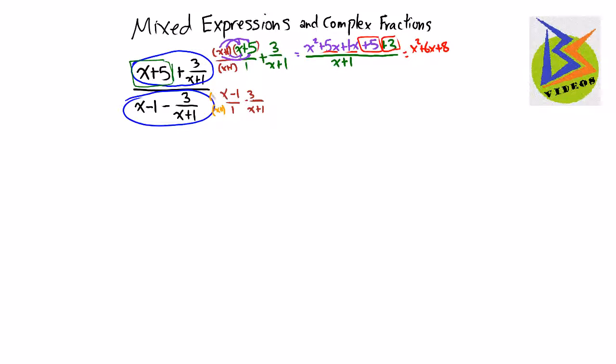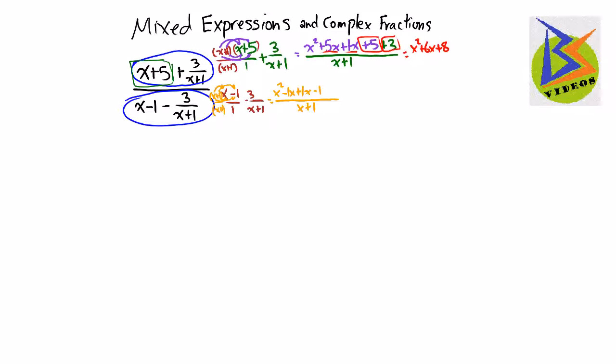And then multiply this fraction, x minus 1 over 1, by x plus 1 over x plus 1 in order to get that common denominator. And so when we FOIL this out, okay, we get x squared minus 1x plus 1x minus 1. And this is all over x plus 1.